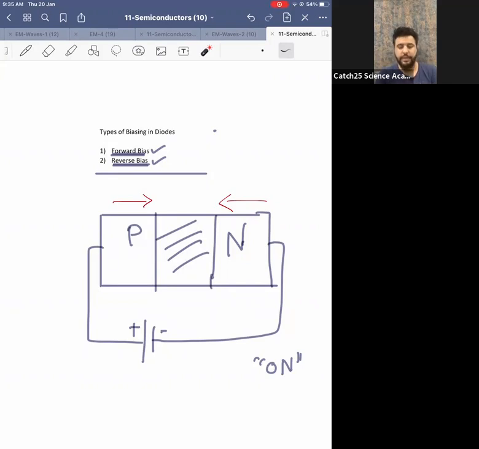Full stop. Due to this recombination of holes and electrons, a lot of current is generated.